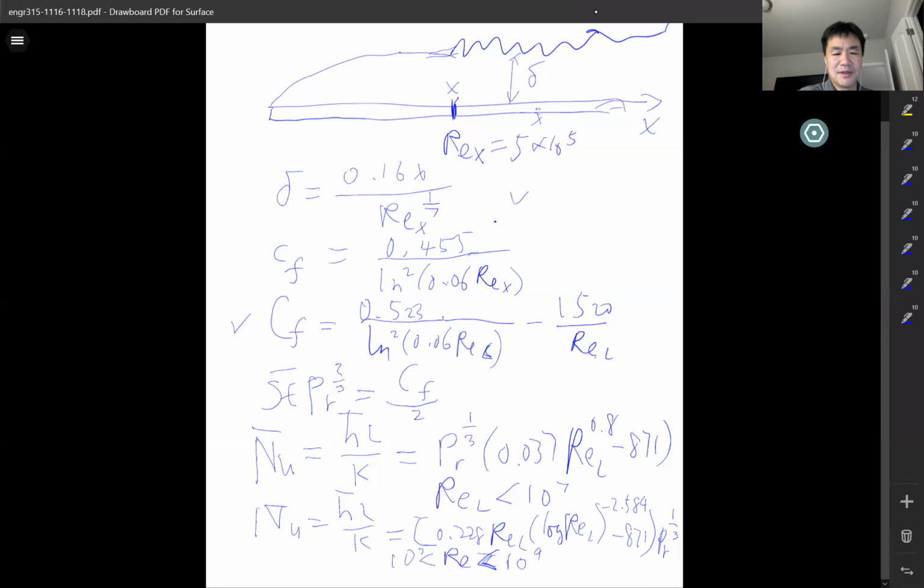For the thermal boundary layer thickness, you can get the same equation from the laminar case, with that ratio, the Prandtl number. This is the local skin friction coefficient, and this is the average skin friction coefficient. Based on the Reynolds analogy, we can calculate the Nusselt number or average heat transfer coefficient.